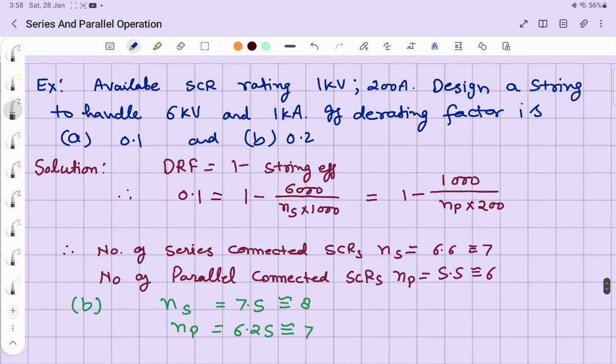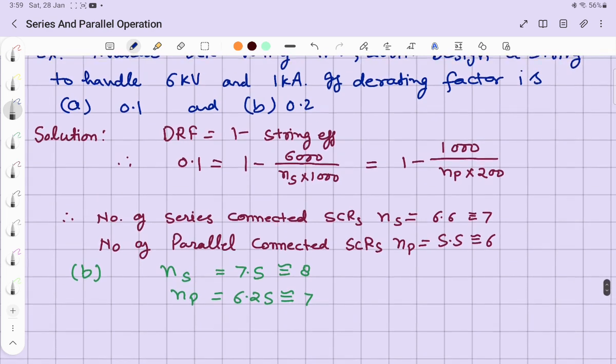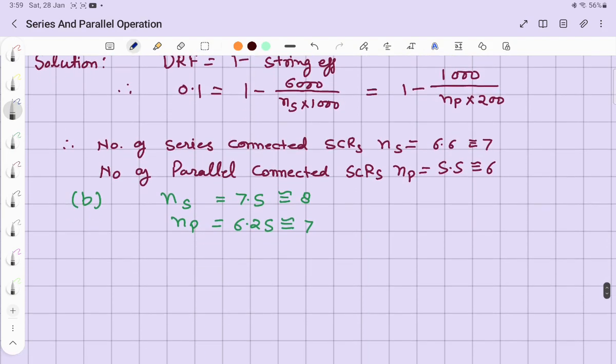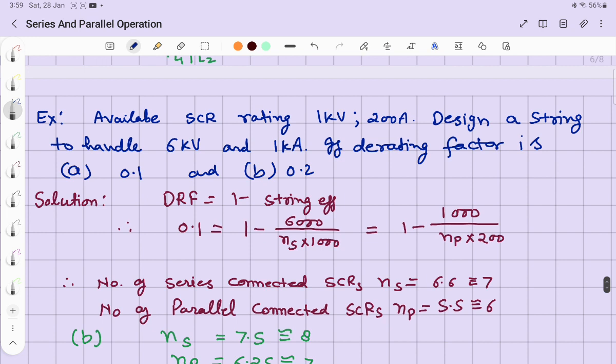When I join university, hopefully on 30th, we will do these numericals again in class. This is a very simple, formula-based numerical, don't panic. You already know DRF is equal to 1 minus string efficiency. For series as well as parallel, the formula is the same. You just calculate, and you can find out how many thyristors could be connected in series and in parallel to get the string efficiency as desired by the problem.